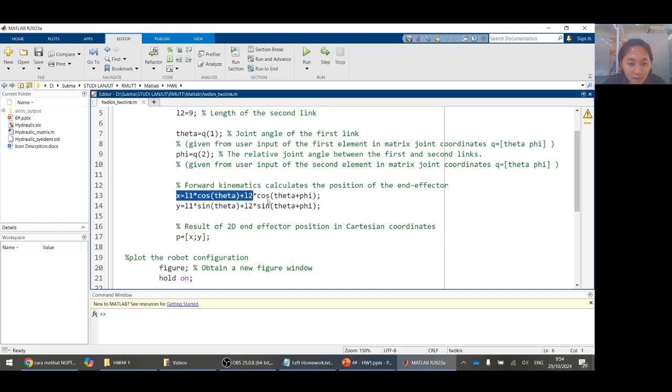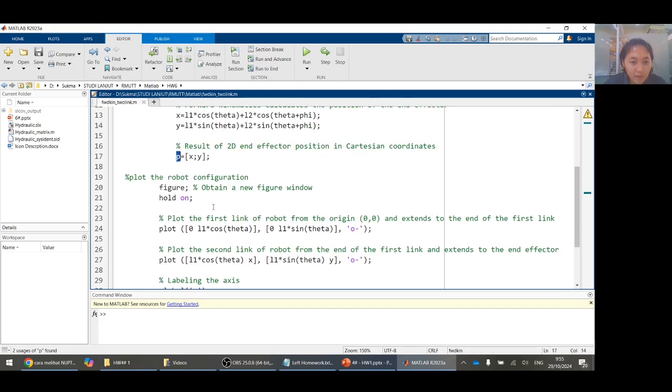And then this is the equation of the forward kinematics to find the position of the end effector. This is just like in the explanation of my slide. And then the result is in the variable p, equal to a matrix with the elements x and y. This is the result of the 2D end effector position in Cartesian coordinates.